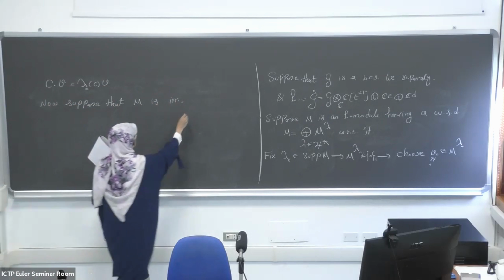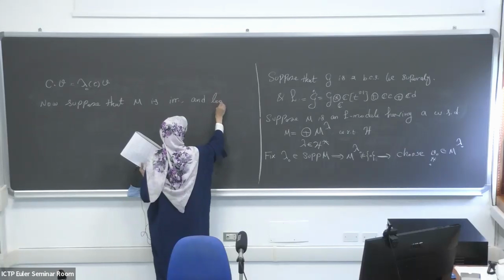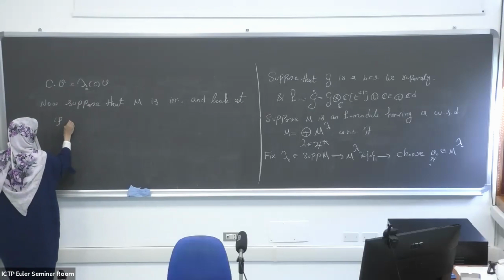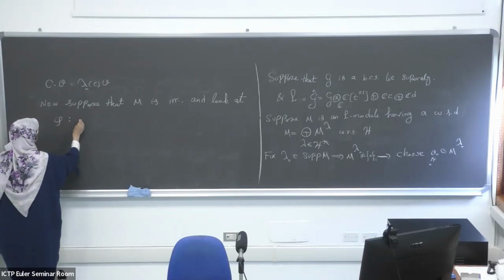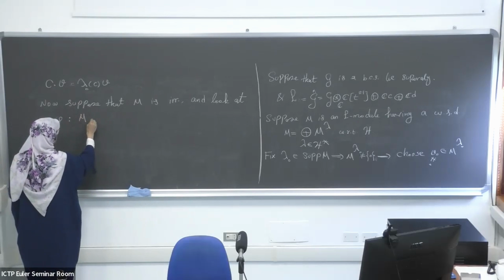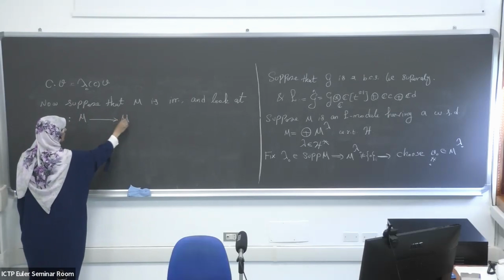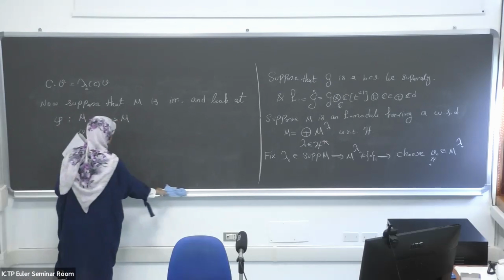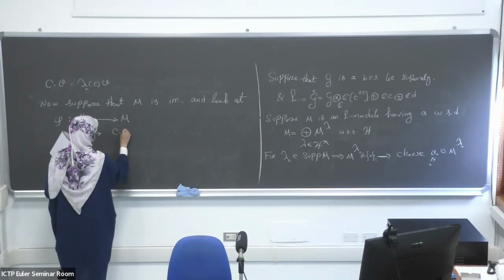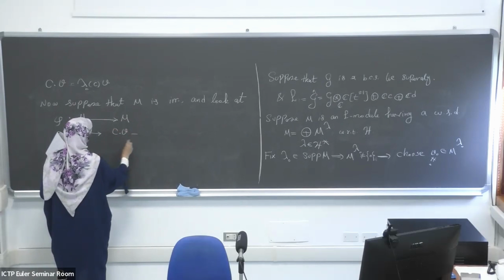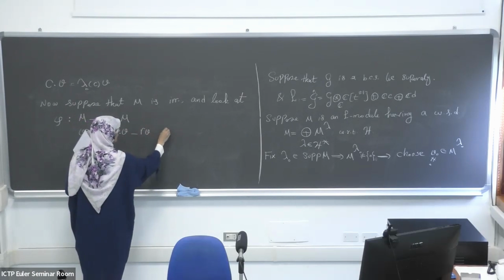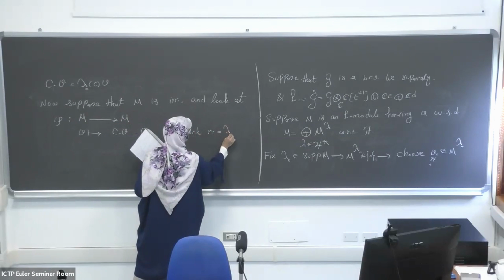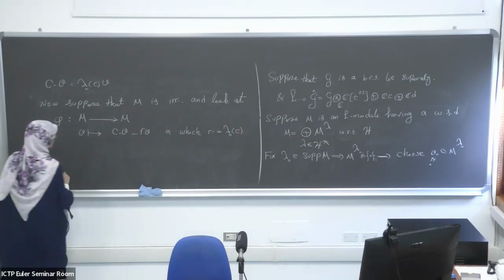And look at phi from M to M, mapping V to CV minus RV, in which R is lambda 0 C. Okay?